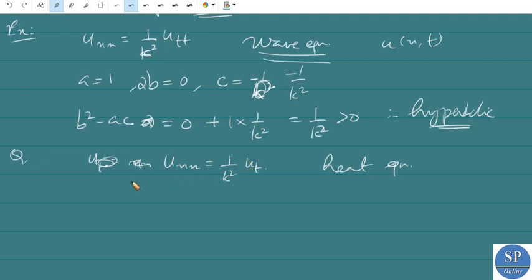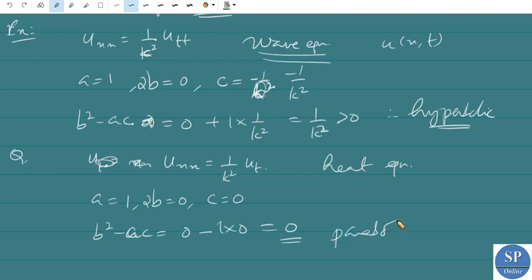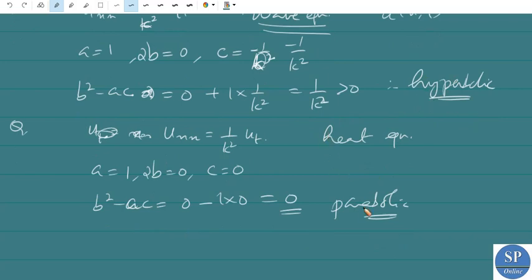So we have a equal to 1, 2b equal to 0, the coefficient of uxy, and c is also 0 because the coefficient of uyy is 0. So we need only these three. Then b square minus ac is 0 minus a into c, so this is equal to 0. So parabolic. Wave equation is hyperbolic. Heat equation is parabolic.